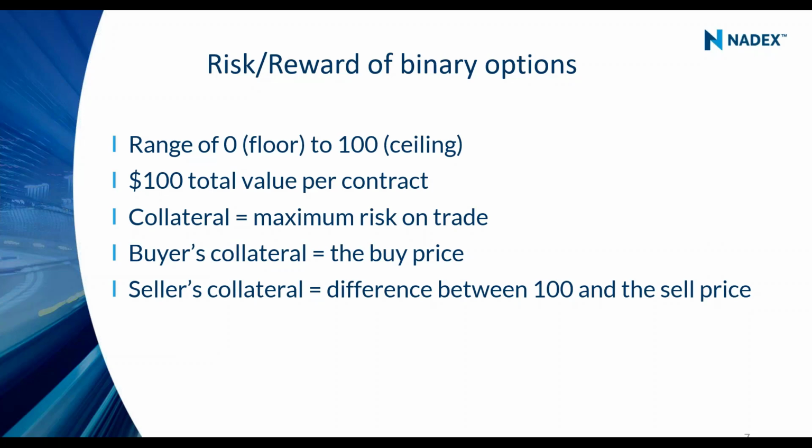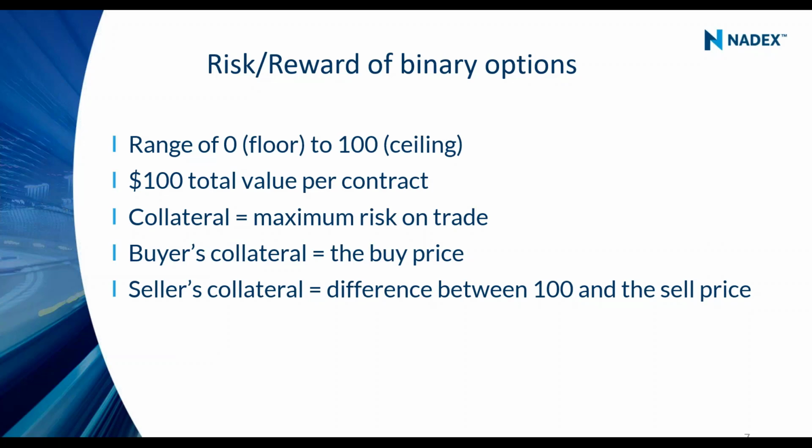If you're buying a binary option, the price that you pay for that option, the probability that you're predicting, will be the dollar amount that you risk. So if I buy a binary option at 40, the market is saying there's a 40% chance that this is going to be true. My risk is $40.